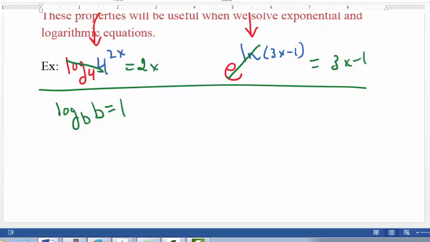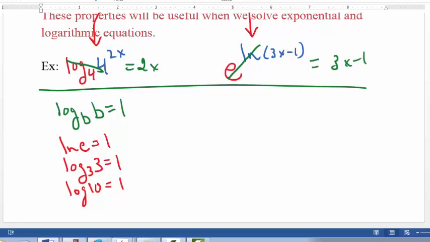So this is always going to work. Specific examples: the ln of e is 1, the log base 3 of 3 equals 1, the log of 10 equals 1, and so on and so forth. Those are all specific examples of that property.